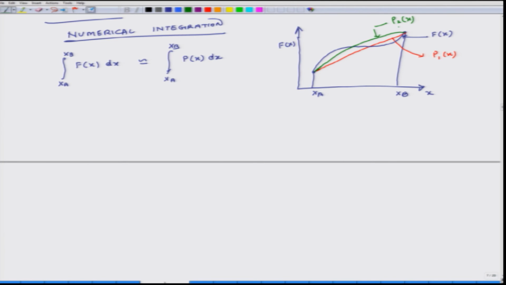Here I am assuming that it is varying quadratically. So, in finite element analysis, I am interested in this side of the integral, because I know that I cannot achieve the exact integral.